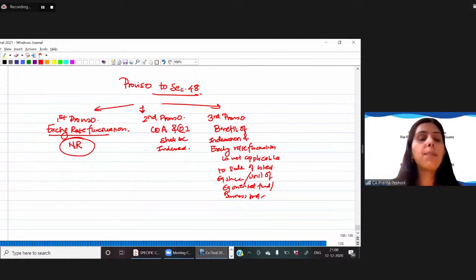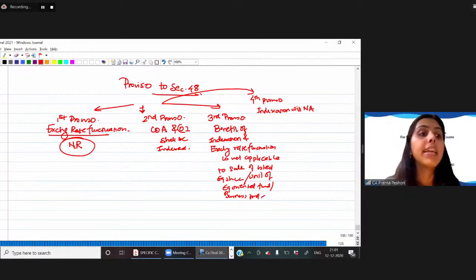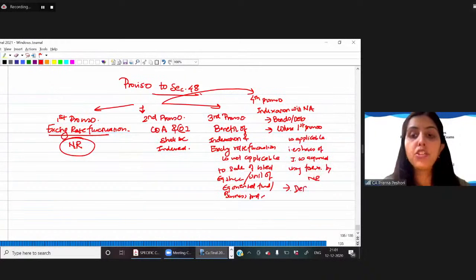And fourth proviso talks about indexation not being applicable in case of bonds or debentures where first proviso is applicable, that is shares of Indian company acquired using forex by non-resident, depreciable asset, slump sale, and GDR sale by FII in forex.